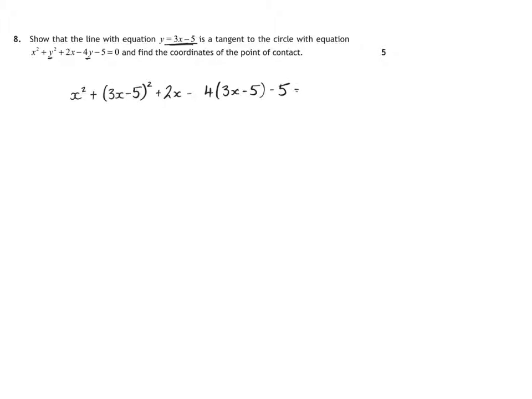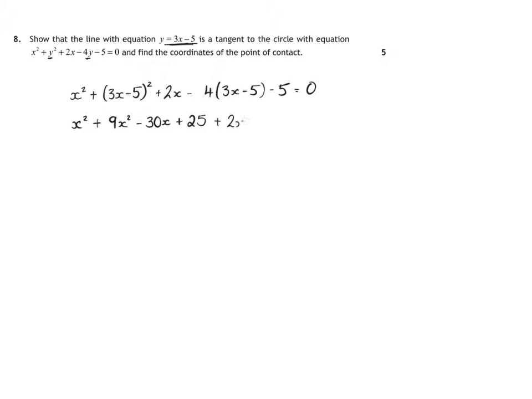minus 5 equals 0. Right, so when we work through sorting this out, we get x squared plus 9x squared minus 30x plus 25. If you need help on doing squaring brackets that quickly, I have videos on it in expressions and formula.